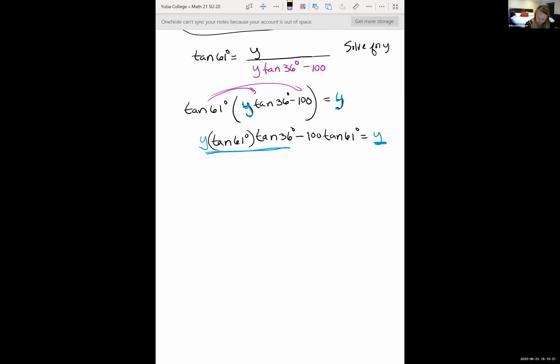I'm just going to write this on the left now, though. So I have y minus, subtracting this piece, y times tangent of 61 degrees is equal to negative 100 tangent of 61.